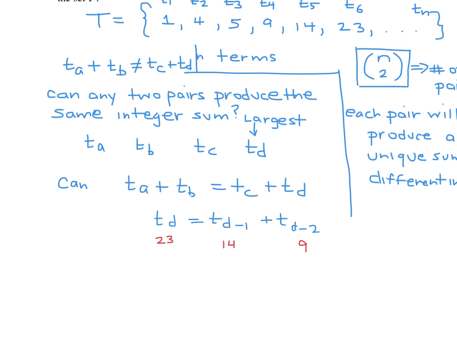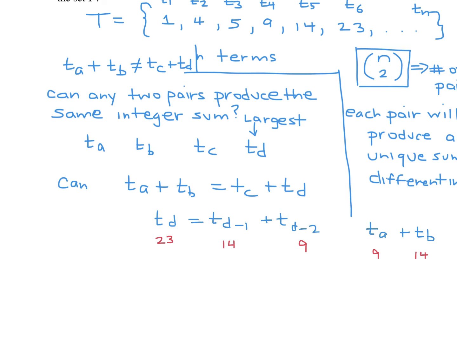Now, if I talk about the other guys, TA and TB, say TA plus TB, well, TA and TB are obviously distinct. They're different from TD. So they obviously are not going to be 23, but they could be, say, 14, and they could be 9, right?